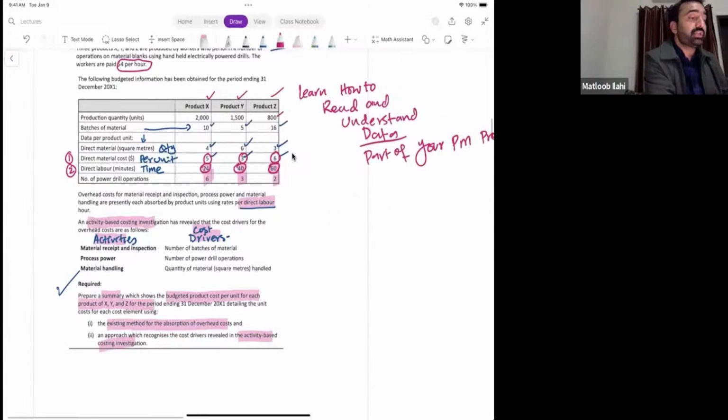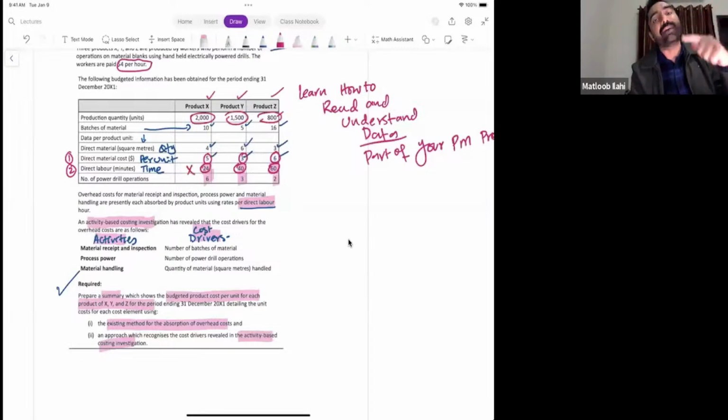So you will be using this demand, 2000 demand, 1500 demand, and 800 demand. Okay. This multiplied by direct labor, this one, 24 minutes, and divided by 60. So in this way, you can calculate total hours for X, total hours for Y, and total hours for Z. Can you do it in 1.5 minutes?